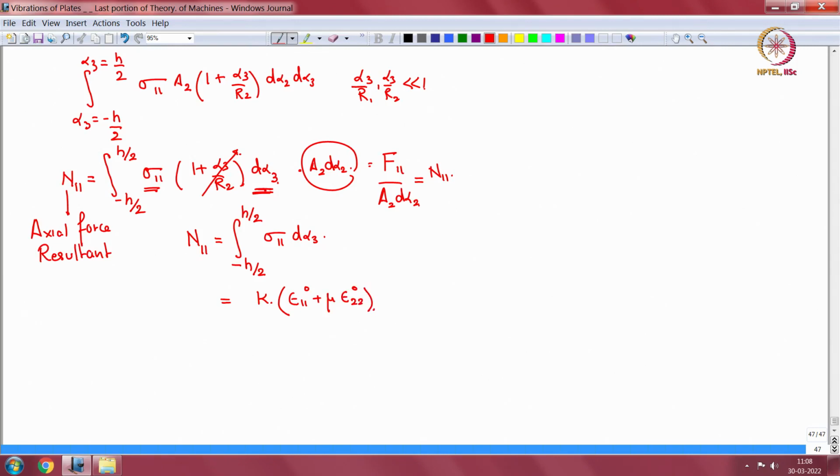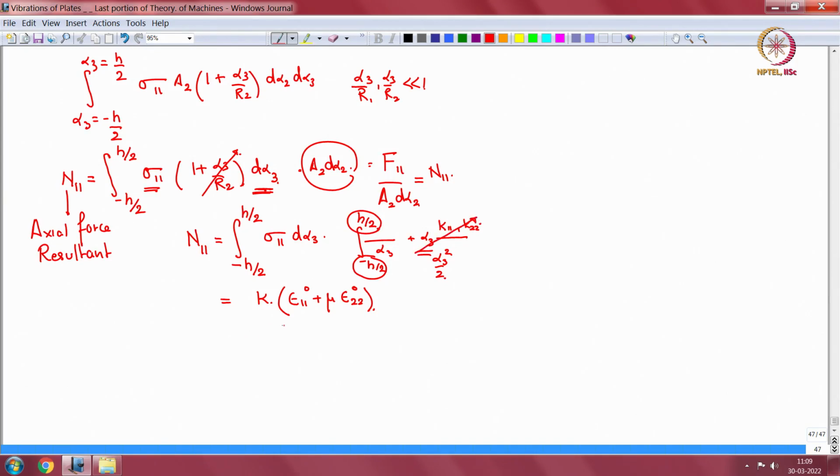The reason is this: sigma 11 carries, if you remember, terms independent of alpha 3 plus alpha 3 times some term. Okay. So, if we now integrate this from minus h by 2 to h by 2, the alpha 3 becomes alpha 3 square by 2, which over the limits minus h by 2 to h by 2 will go to 0. So, the k terms do not feature.